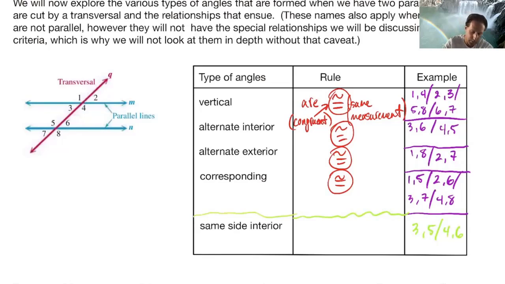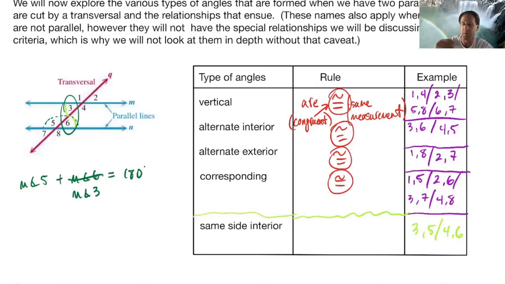Well, we do know that angles 3 and 6 are the same, don't we? Because they're alternate interior angles. So we know that those two are the same. And we also know that angles 5 and 6 are what are called supplementary. So since I know the measure of angle 5 plus the measure of angle 6 is equal to 180, and because we know that angles 3 and 6 are the same, then that means I can just simply substitute out angle 6 with its congruent counterpart, angle 3, and say that those also have to equal 180.